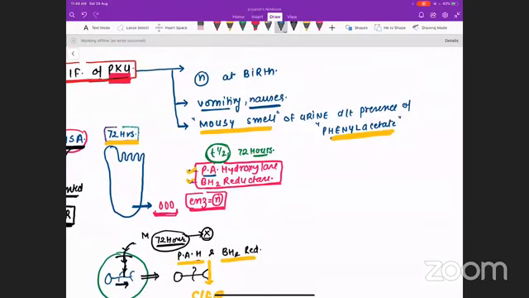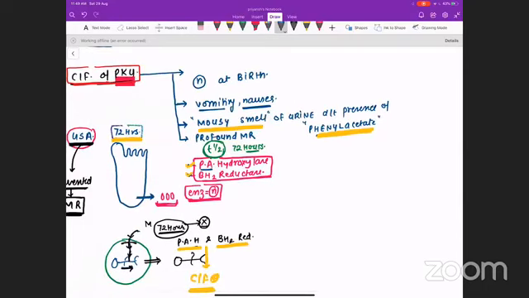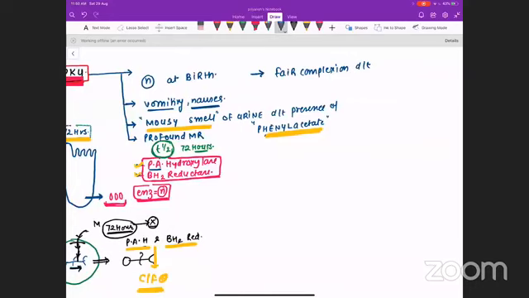Later on in life, the baby can have profound mental retardation. One more symptom I can add is that the baby will have fair complexion due to decreased melanin.